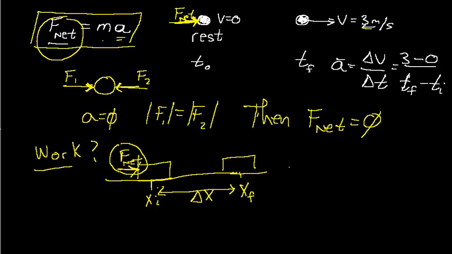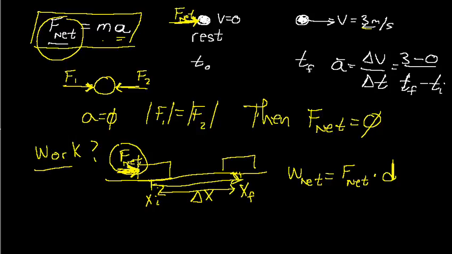So my net work is going to be the net force times the displacement, which I'm just going to call D for displacement right now. Now, that assumes that the force as a vector is in the exact same direction as the displacement.